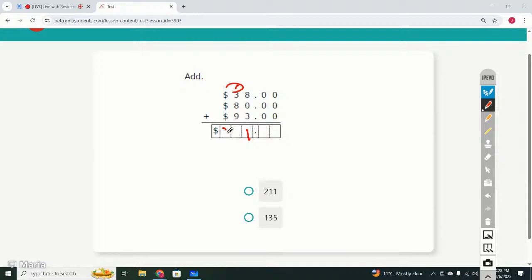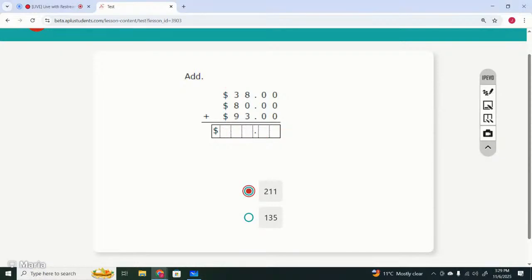That is 211.00. Option number 1 is the correct option.